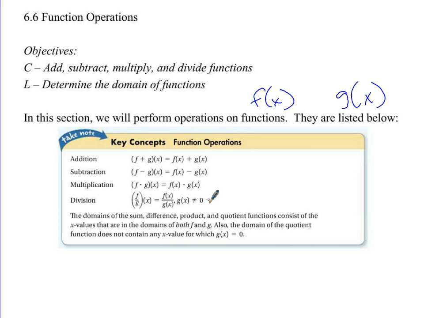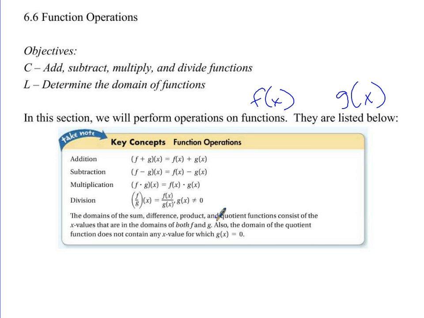All right. The domains of the sum, difference, product, and quotient functions consist of the x values that are in the domains of both functions. What values are the domain? X or y? X values.